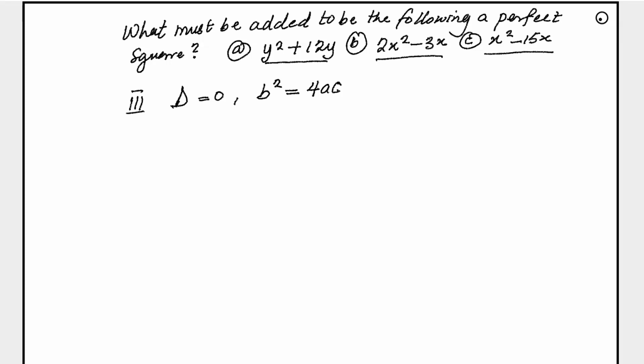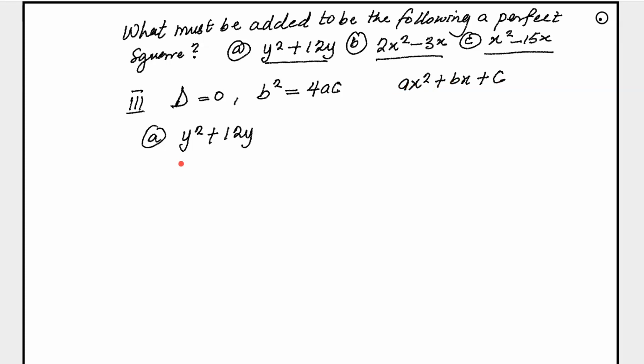So all you need to know here is that, for example, for the first one, y squared plus 12y. Remember that a quadratic expression itself is ax squared plus bx plus c. So a quadratic expression has a, b, and c.